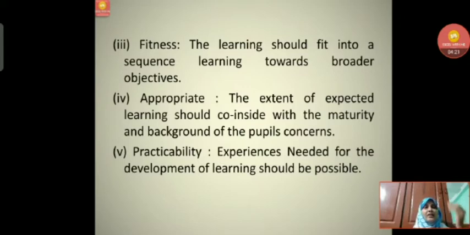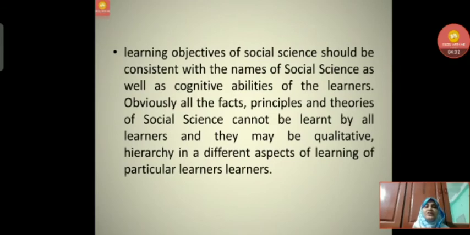That means whatever learning objectives are written, practically they should be useful in future for the students when they enter into real life. Learning objectives of social science should be consistent with the nature of social science as well as cognitive abilities of the learners.